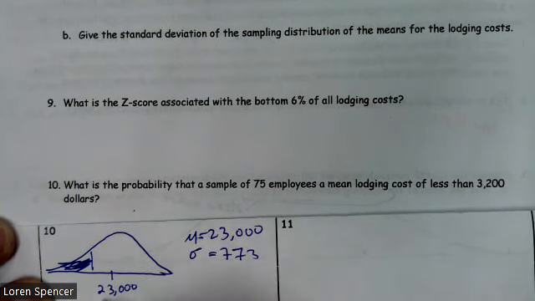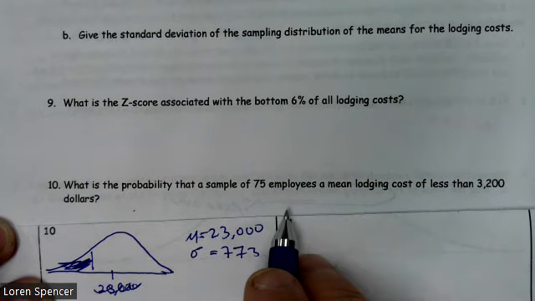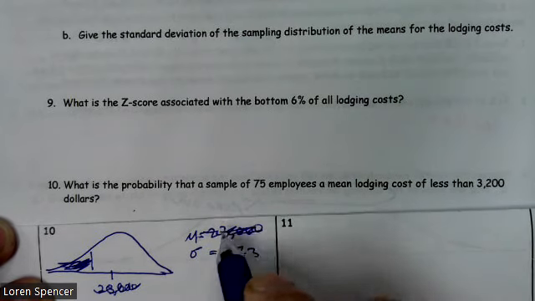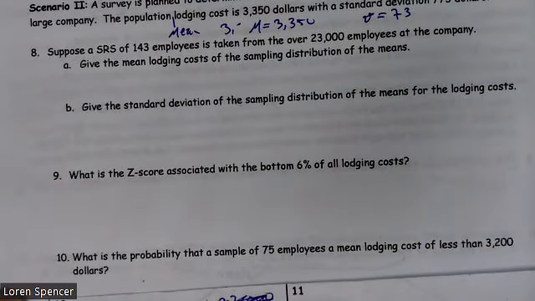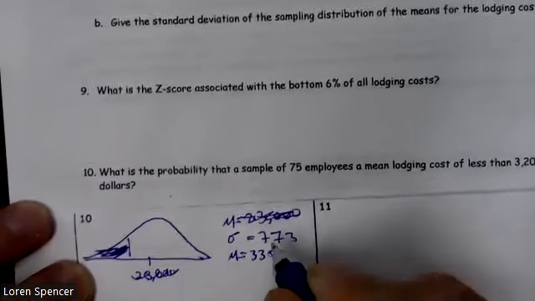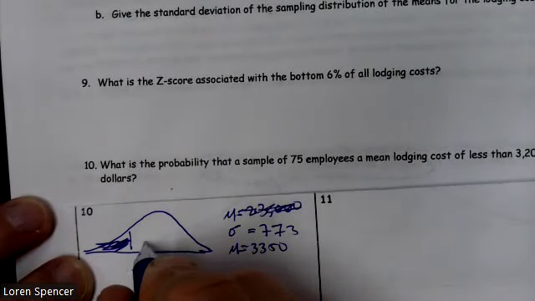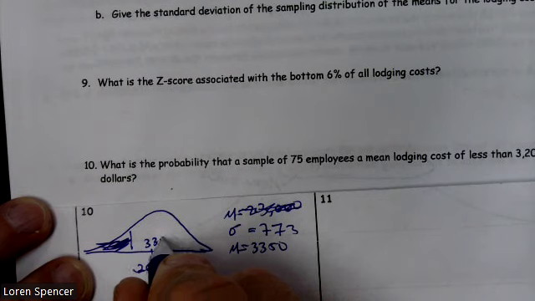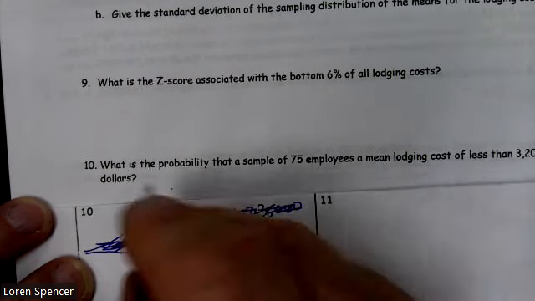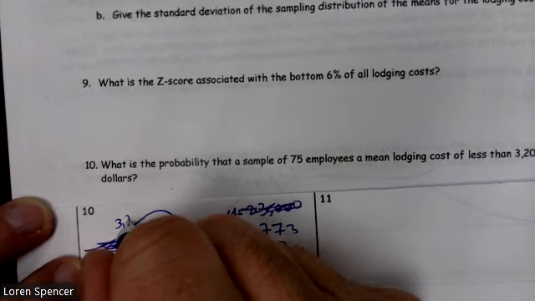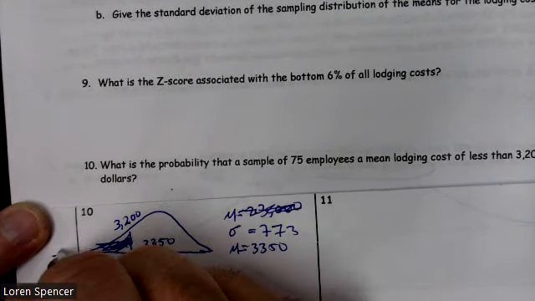Oops, excuse me, I'm sorry about that. The mean is not 23,000. The mean is 3,350. So this is my mean at 3,350. And we want to know the likelihood that it's less than 3,200.